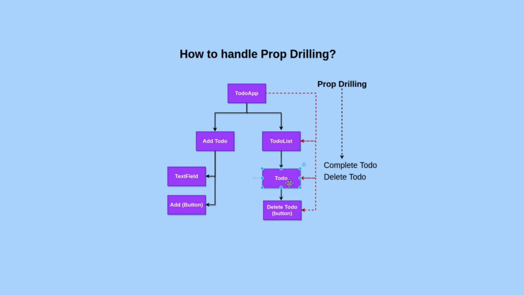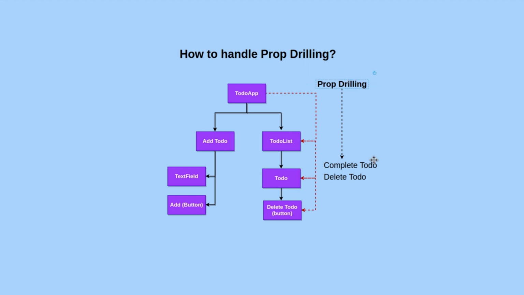Because to-do app is our main container and all the business logic is being handled there. So the problem here is that we are passing a prop to the to-do list which is of no use for to-do list actually. It is just acting as an intermediary between to-do app and to-do. And this is what we call prop drilling.